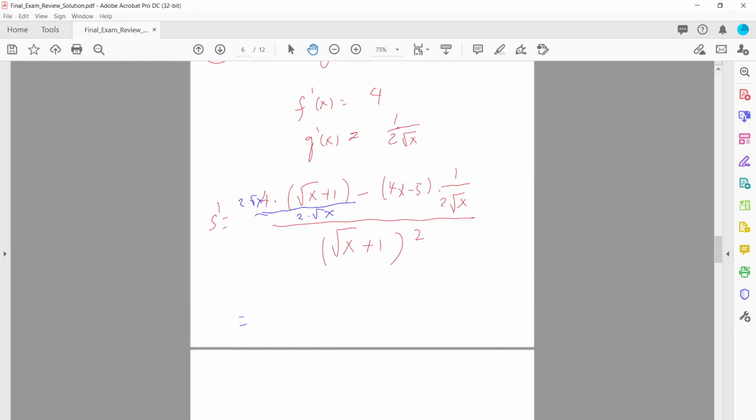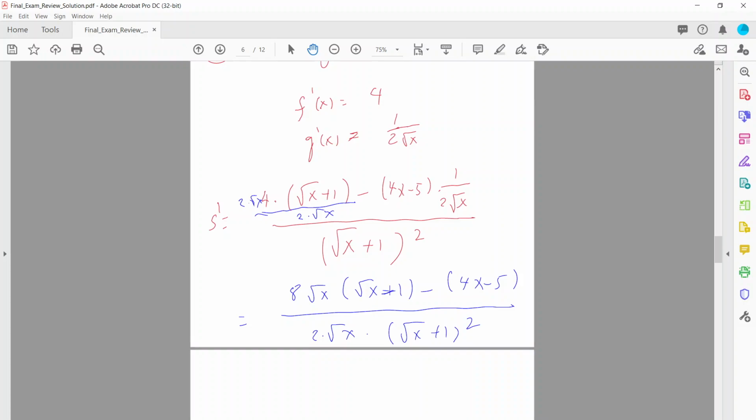By doing that, from the first part it will be 8 square root of x plus 1 minus 4x minus 5, and there is this 2 times the square root of x that will come down, and this one is also here on the denominator part.